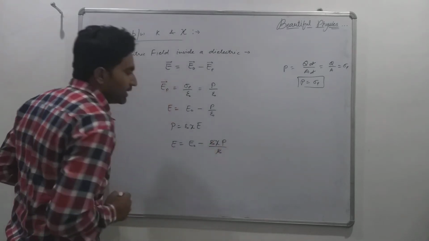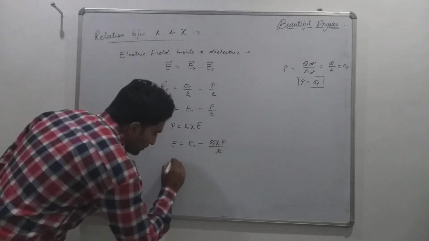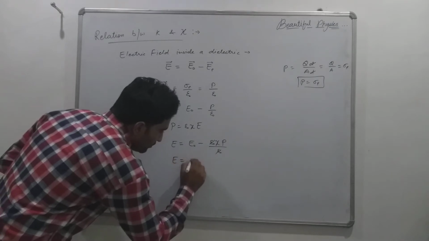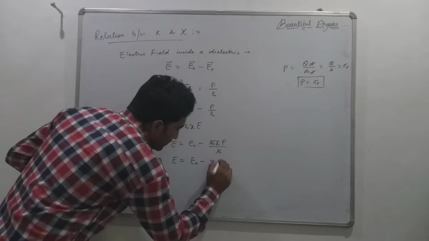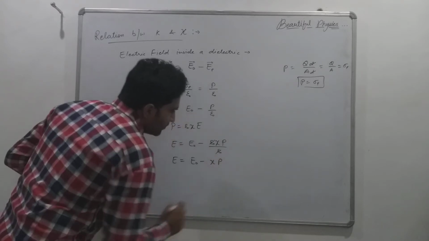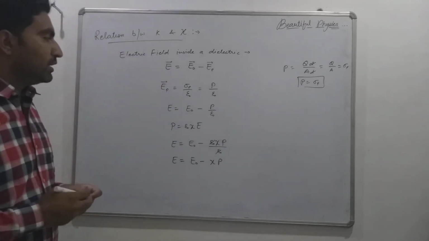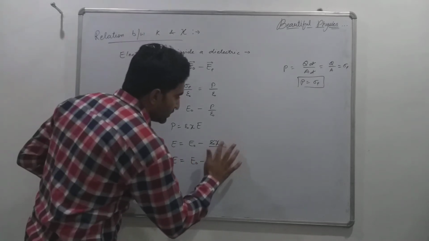Epsilon naught cancels out, then E will be equal to E naught minus chi times E.